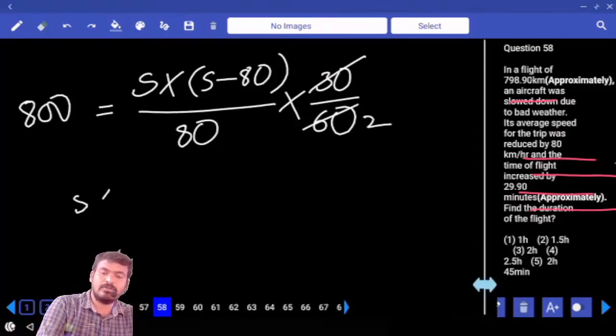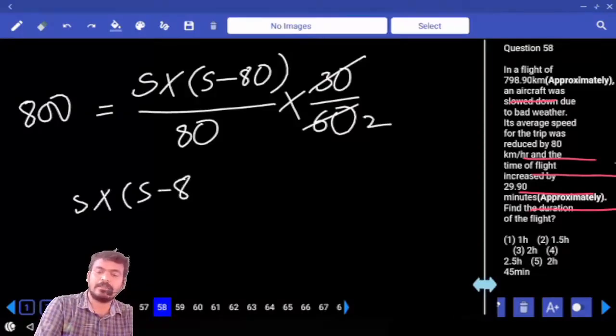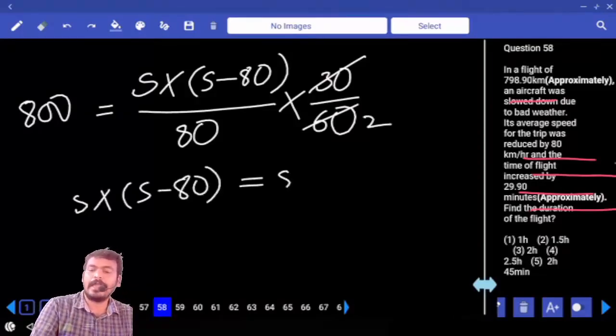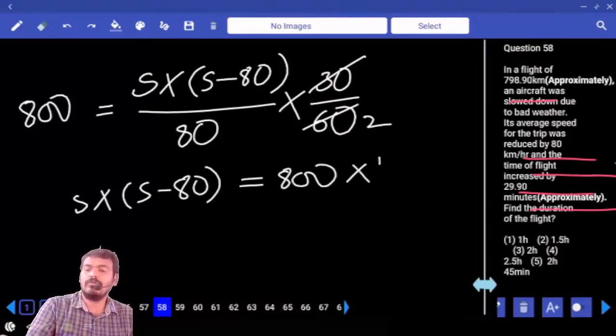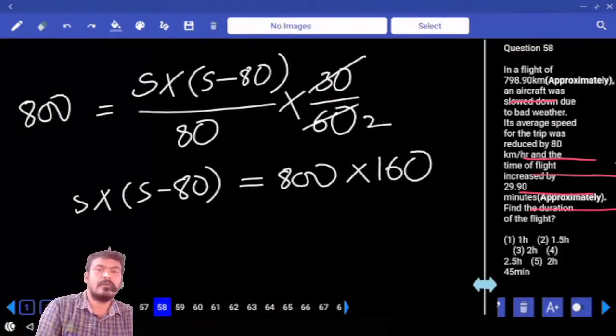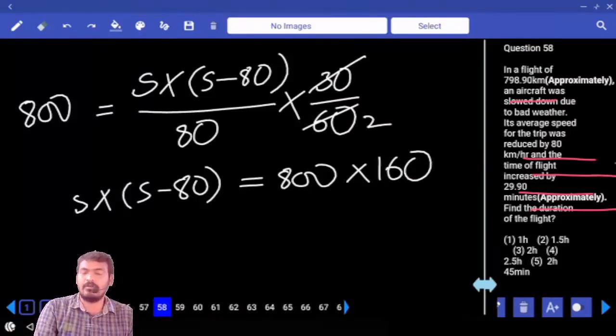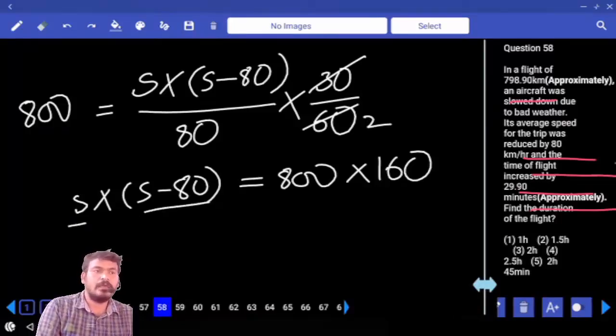Then S into S minus 80 is equal to how much value? 800 into 160, or not? 800 into 160. What is the left hand side value? S into S minus 80. What is the right hand side value? 800 into 160. But in the left hand side, what is the values difference? 80, or not? Right hand side values difference?